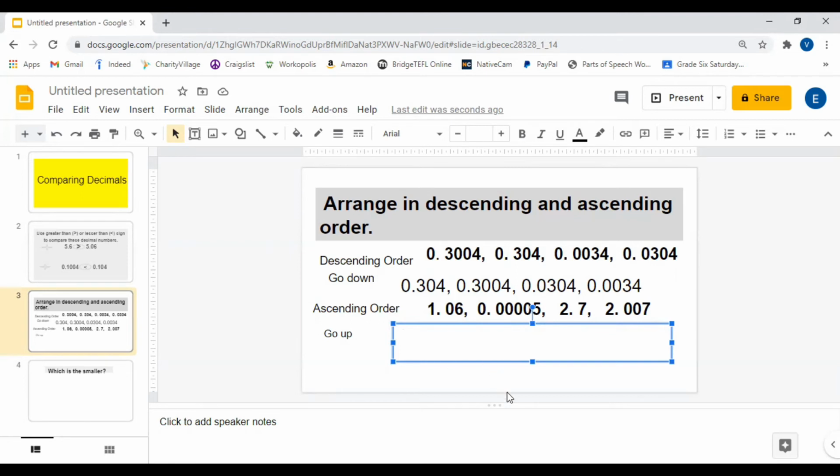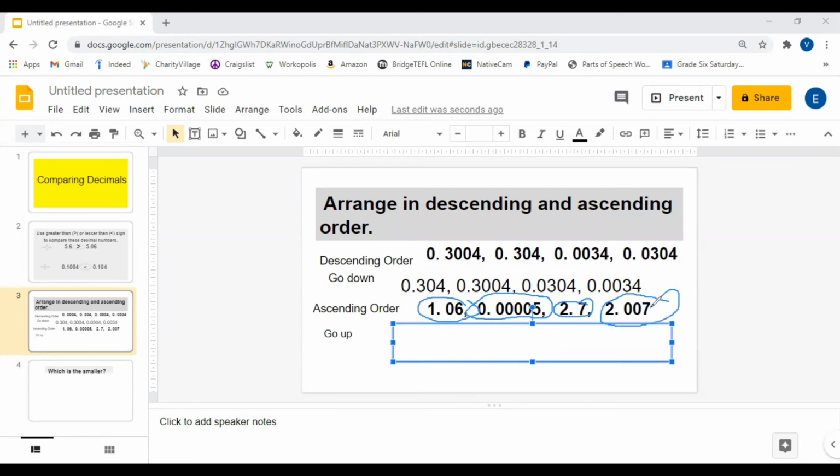And I'm going to do it still where I'm looking at it digit by digit. So let me look at each number. Now guys, this is so easy, because the first digit here is 1 in this number. In the other number here, the first digit is 0. And in this one, the first digit is 2, and the first one here is 2.